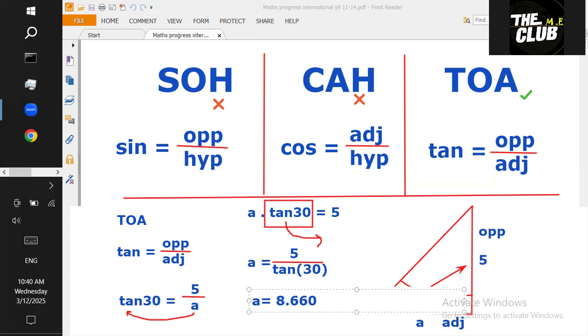And to round it to one decimal place, it means that A will equal 8.7. Focus on rounding and focus on the question. If they tell you to round, you have to round. If they didn't ask you to round, it's okay, but it's better to round. Sometimes they will tell you to write the whole number that you have in the calculator without rounding. And that's the idea of finding the missing side using a trigonometric ratio in a right angle triangle.